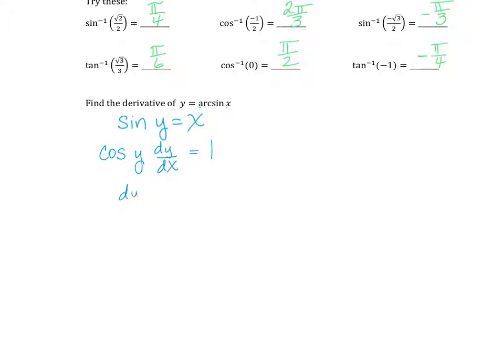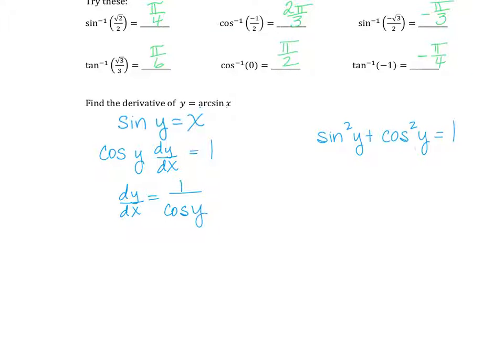So I could get dy dx. The solving is pretty easy. 1 over cosine of y. But I want to write my answer in terms of x. So let's look at some trig identities. Gotta love trig identities. I'm trying to get cosine of y in terms of something with x in there.